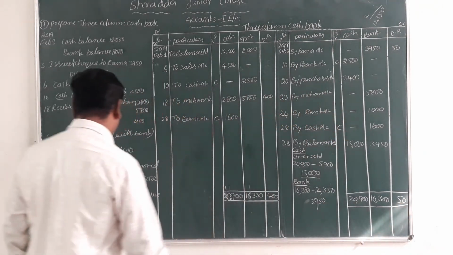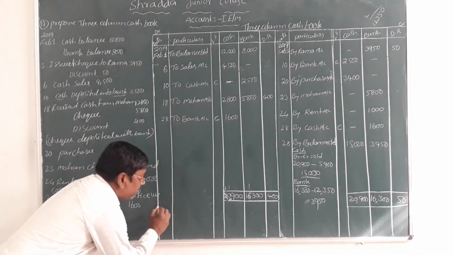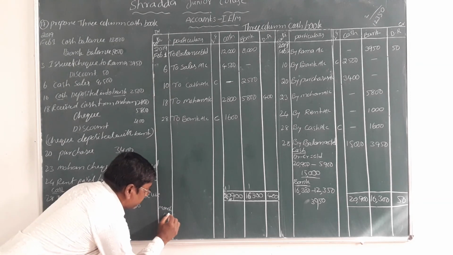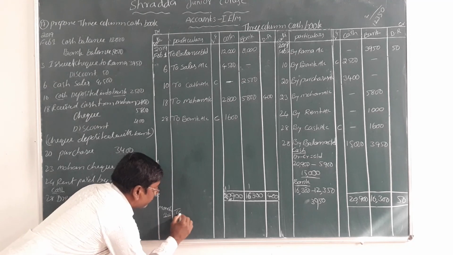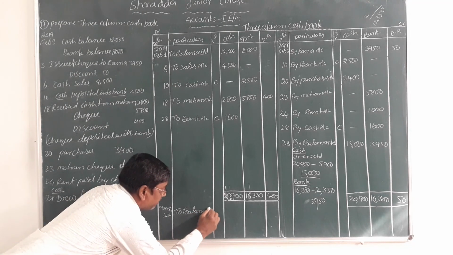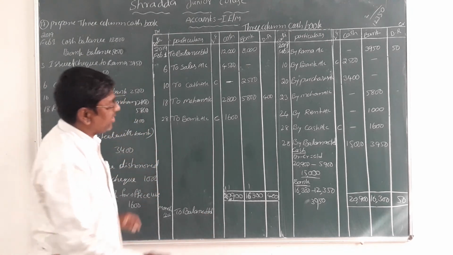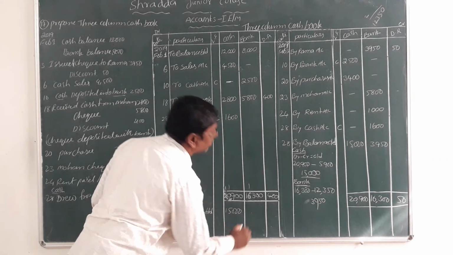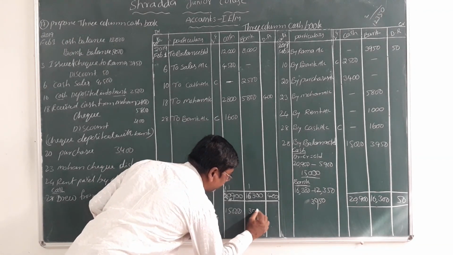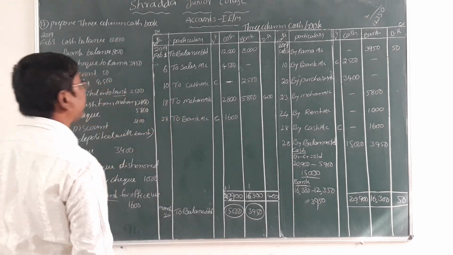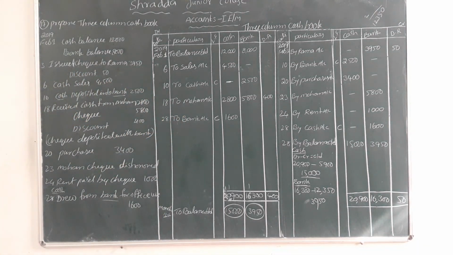Okay now, let us take March 1st, the balance brought down. Cash has 15,000 and bank has 3,950. These amounts are the next month's opening balances.